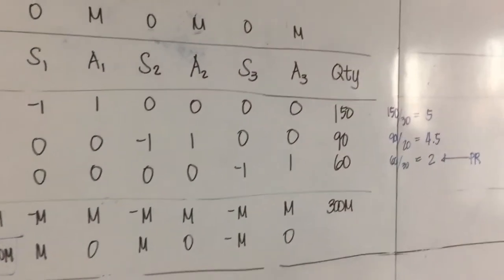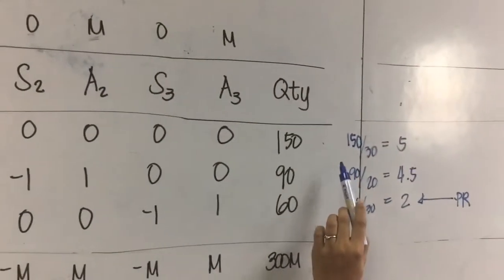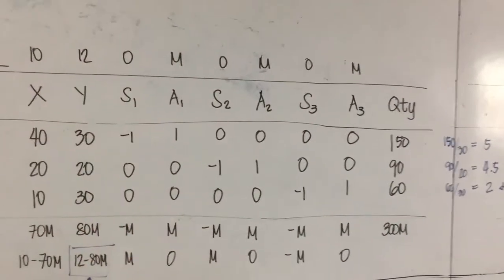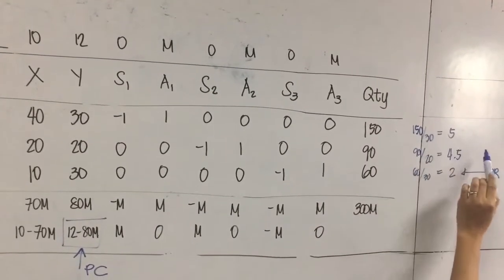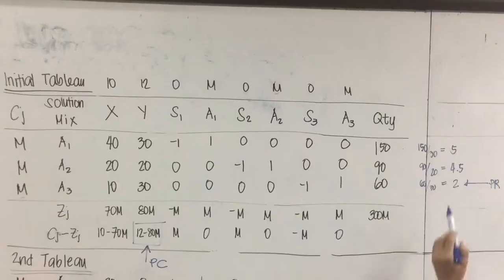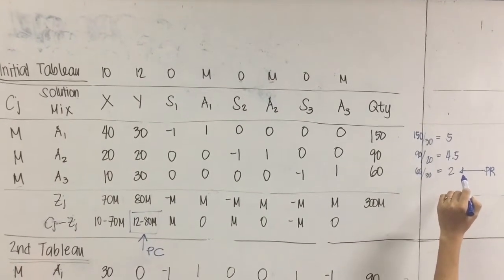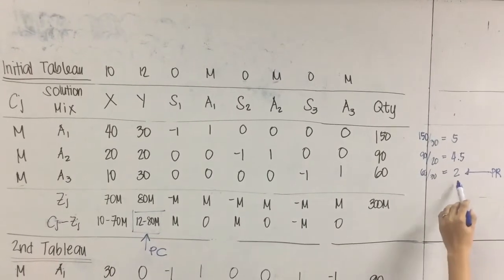And for the pivot row, we have here the quantity which is divided by the number located in the pivot column. So what you have here is 150 divided by 30 is 5. And in these values, you need to choose the smallest number for the PR, or the pivot row. So this will become our pivot row.